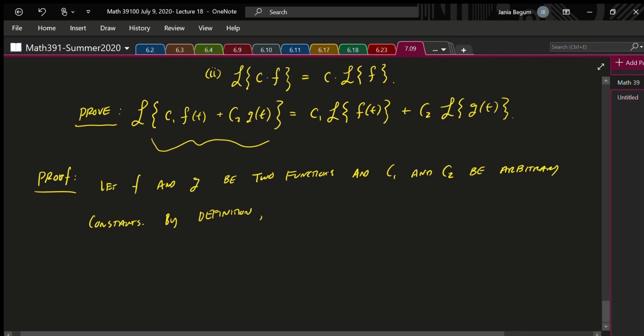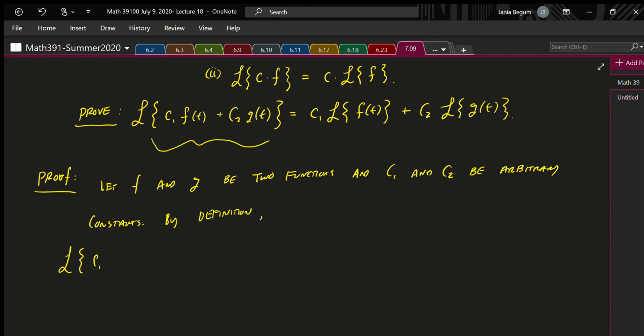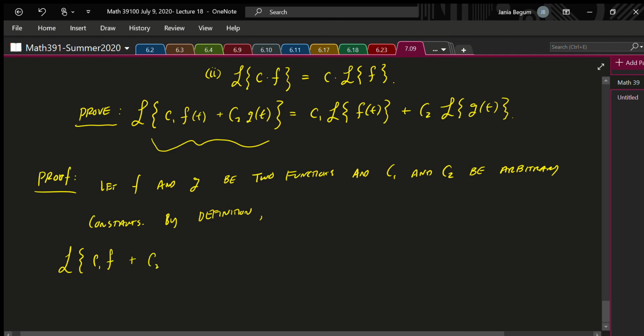The Laplace transform of c1 f plus c2 g, instead of writing f of t and g of t, I'm just going to write f and g to cut down some of the writing, is equal to the improper integral from 0 to infinity, by definition.